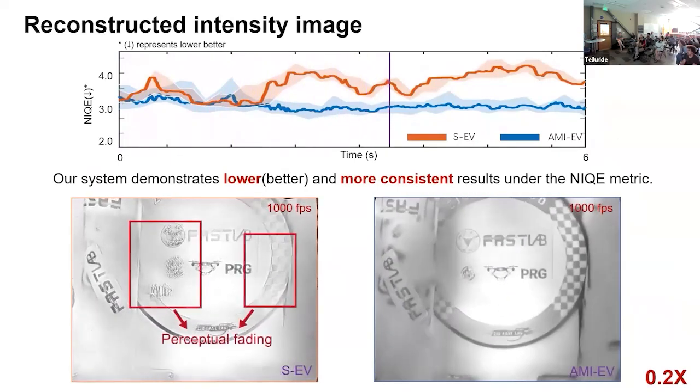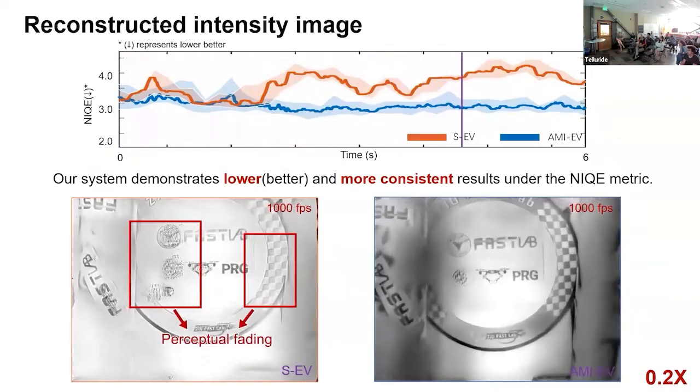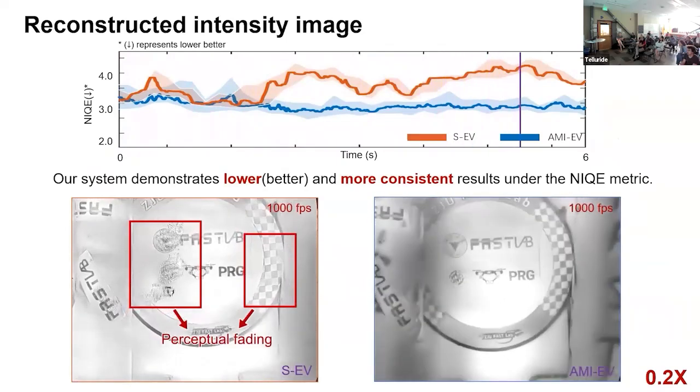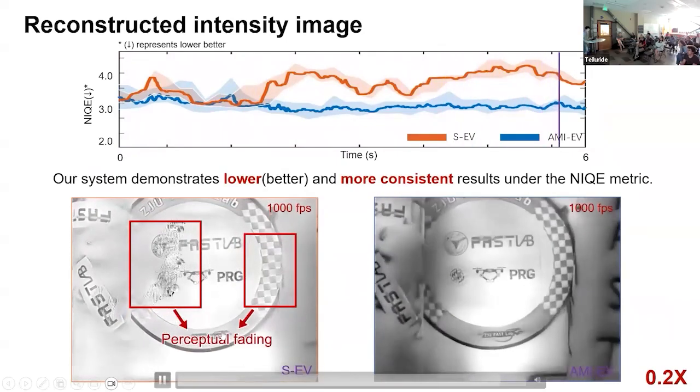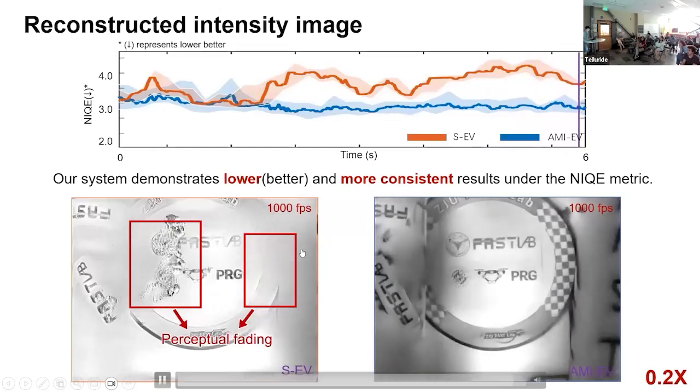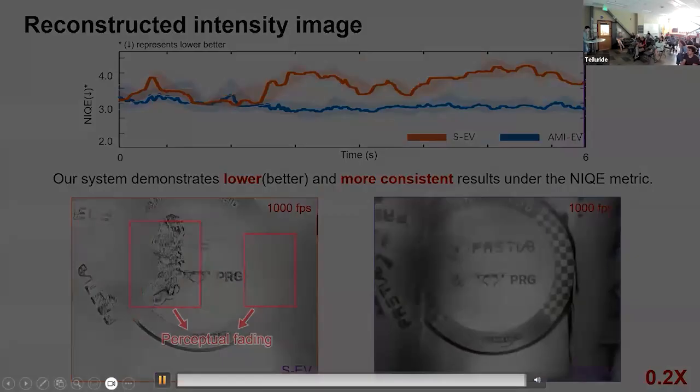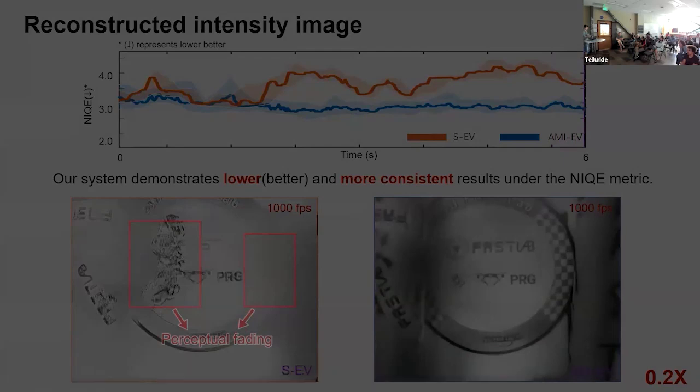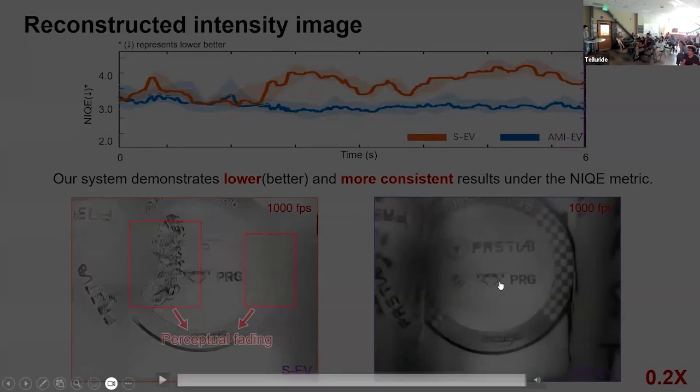But when the camera is static, the perceptual fading will happen, but our camera will stay stable. But since we just use an off-the-shelf network, and we didn't retrain or refine it, the performance looks not that good.